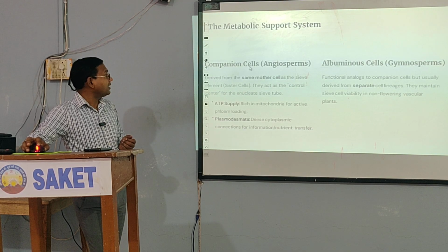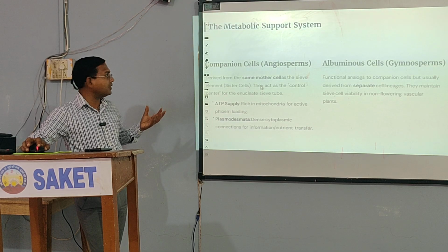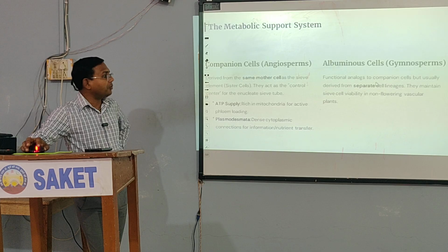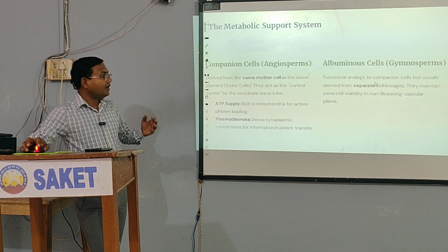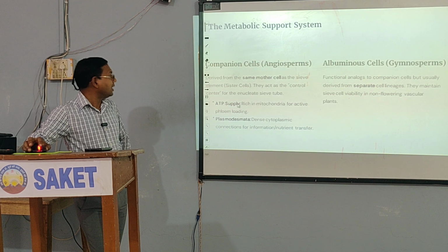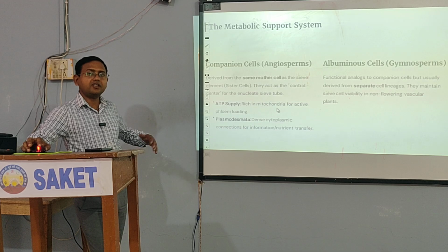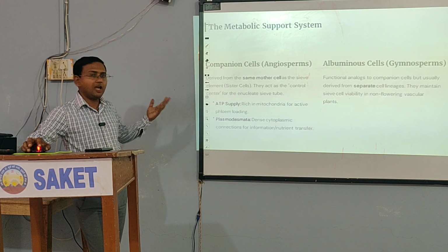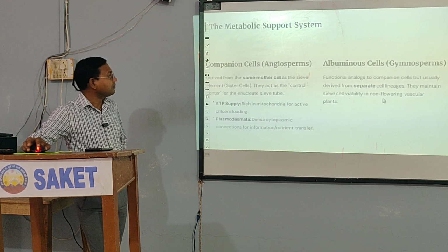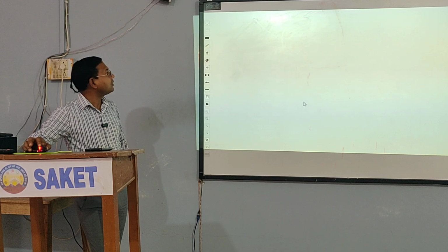The companion cells are derived from the same mother cell as the sieve elements, but albuminous cells are not derived from the same mother cell. Companion cells are rich in ATP and mitochondria, so they synthesize lots of ATP and thus help in the active loading of phloem, so that it can translocate food from one place to another.